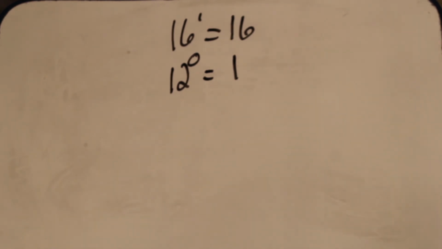Now let's look at the next one down, which is 12 to the 0 power equals 1. Anything to the 0 power is going to be 1. The reason behind that, in really big terms, is that it creates the multiplicative identity. Think about it, what number can you multiply anything by and get the number you multiplied it by back? 1.